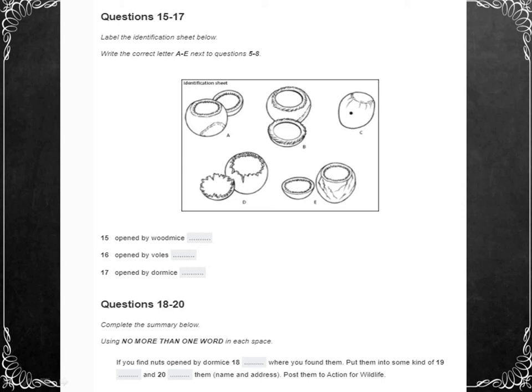Firstly, if you do find any nuts which you think have been opened by dormice, you need to record their location as precisely as possible. You can use the grid references on a map, or you can sketch your own map. But if you do, be sure to include landmarks or road names. It's very important that we know exactly where the shells came from. Then put the nut shells in a small container.